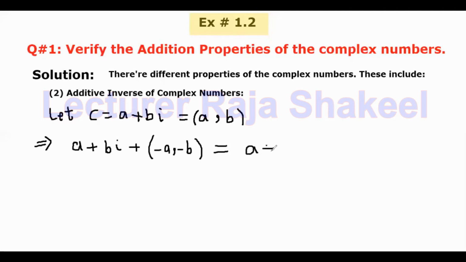You may also write it as a plus b iota plus, in brackets, minus a minus b iota. It's not compulsory to use these brackets; you may also write it directly in the form of a plus b iota or minus a minus b iota.